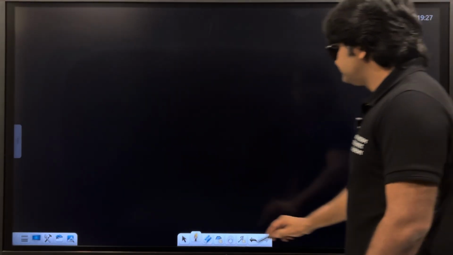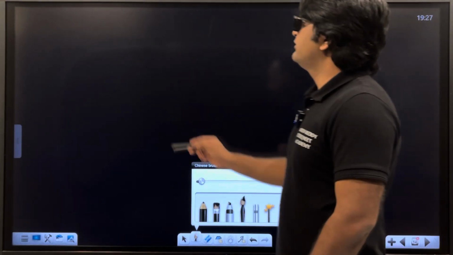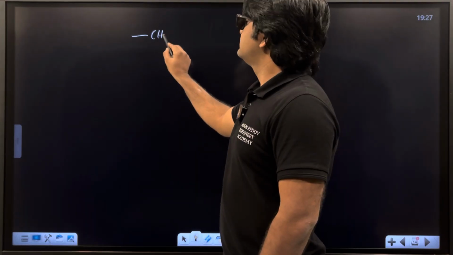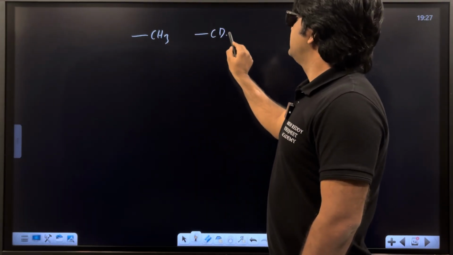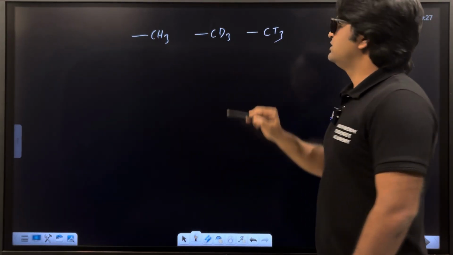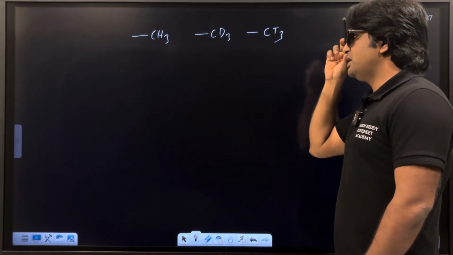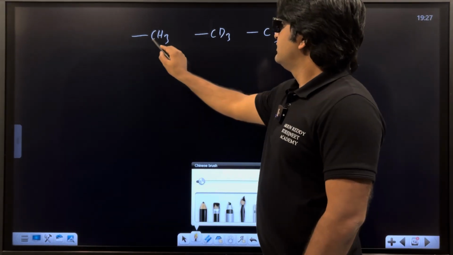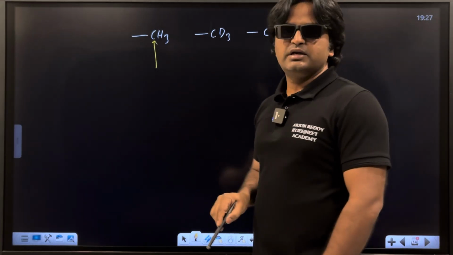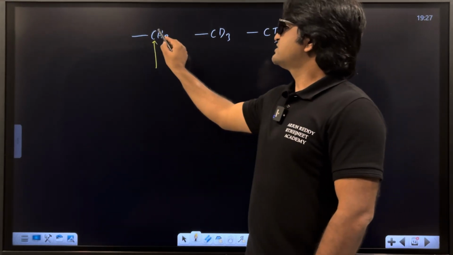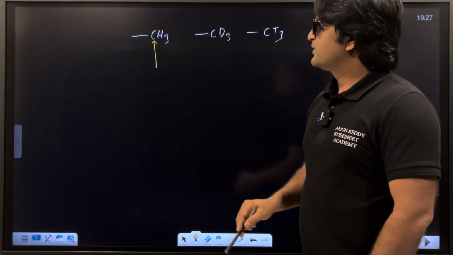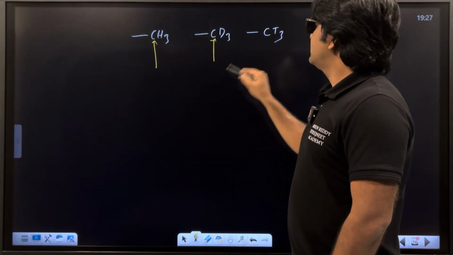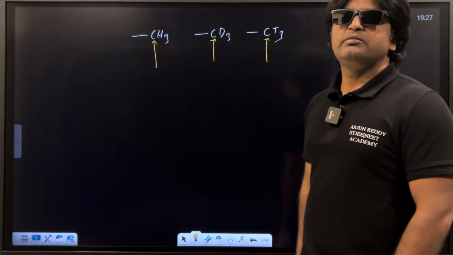For example, groups are given like this: CH3, CD3 and CT3. First of all, are the atomic numbers the same or different? First we look at the first connectivity. Who is the first connectivity here? Carbon. Here also carbon, and here also carbon.